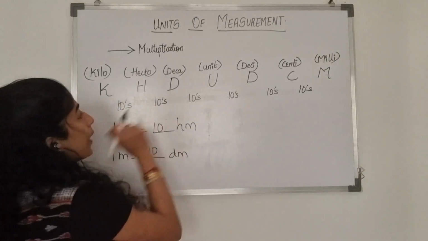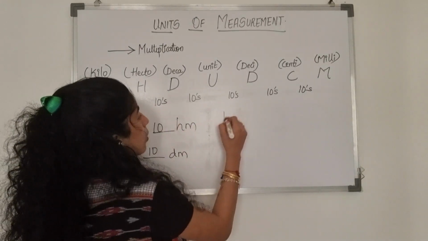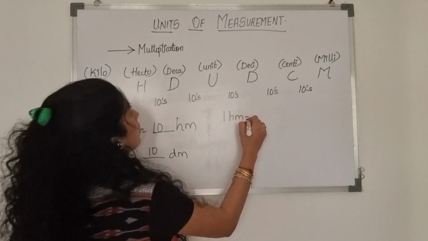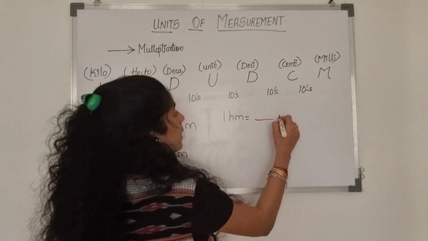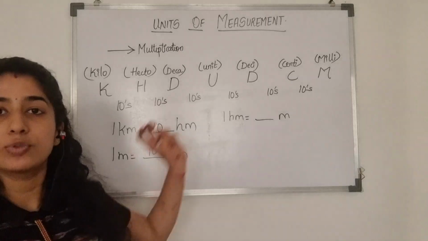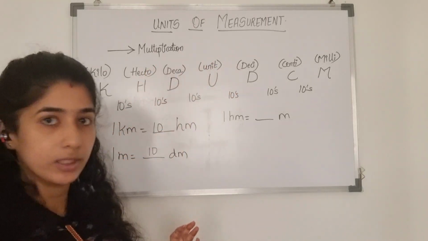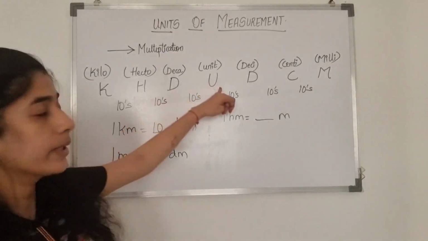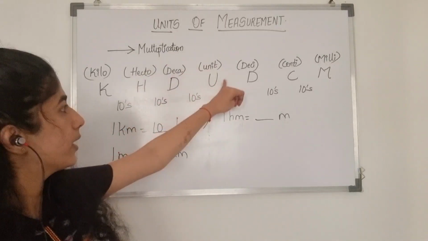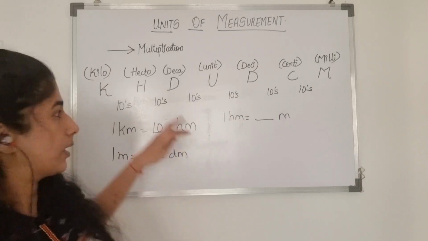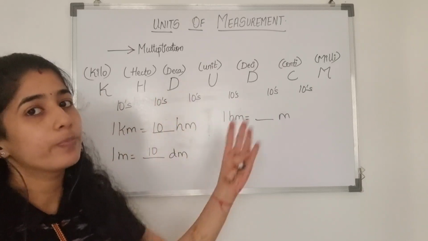Okay, now I'll take a little bit harder question. Let's take, I want to know how much is 1 hectometer equal to how many meter? I am jumping from hecto directly to the basic unit, which is meter. So from hectometer to meter, check how many steps I am taking, that is how many tens I am passing through.